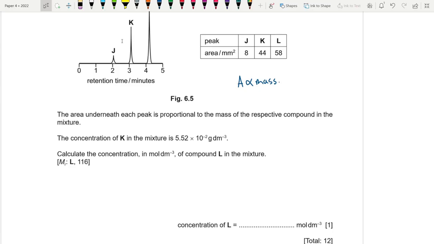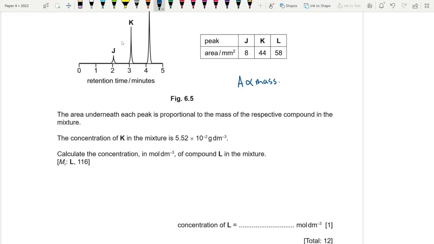If you multiply 44 times 5.5 to 10 power minus 2, you're going to get a certain answer. So it's basically a unitary method. Do you get what I mean?